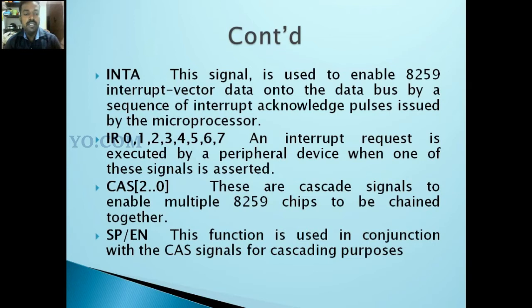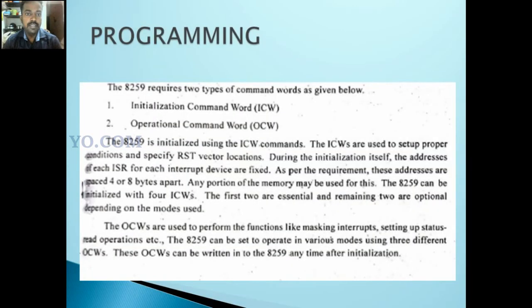So the initialization command word is mainly used to initialize the 8259, and after the initialization, the OCW is used. The OCW is used to mask the interrupt, set the status, read operations and other operations. After initialization, we can write operational commands. Then we will see them one by one.